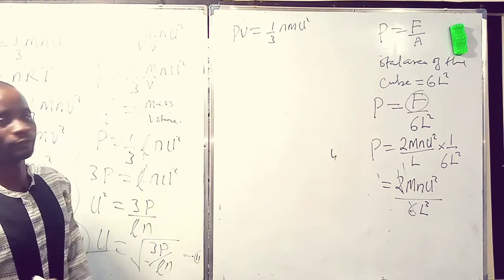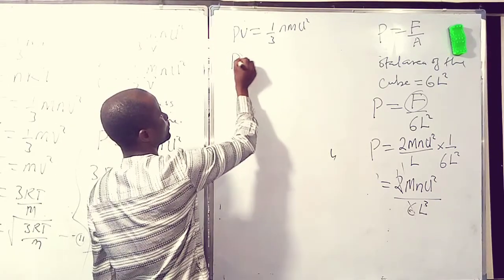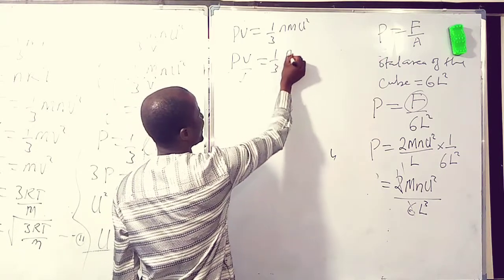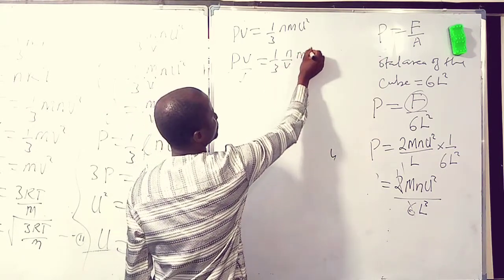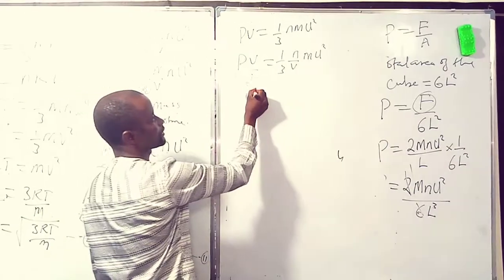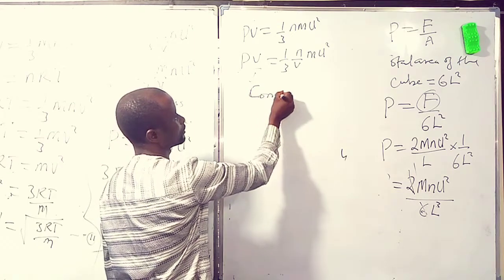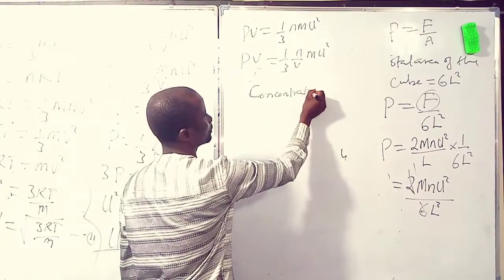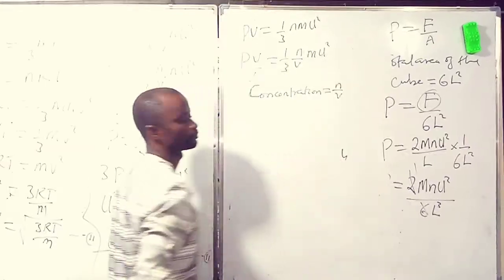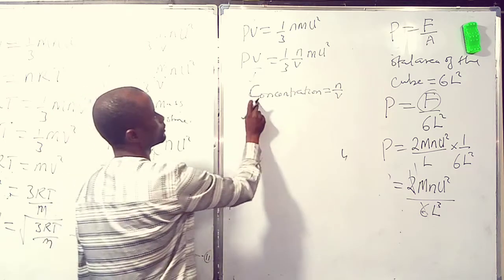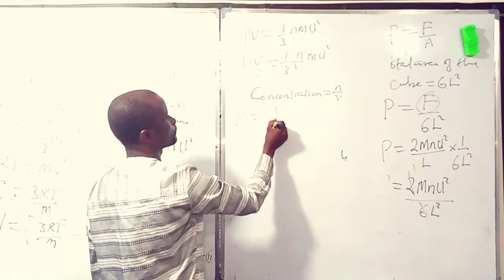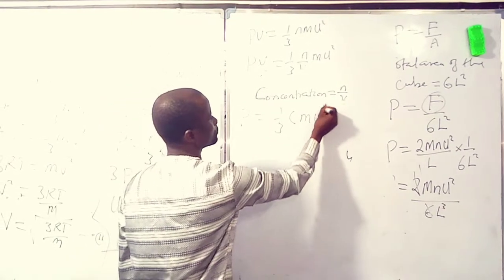Now still divide by V. And then we have PV over V is equal to 1 over 3 n over V m u square. Recall that concentration is equal to mole over volume. Therefore, remove this value here and put C there. That's P now is equal to 1 over 3 C m u square.